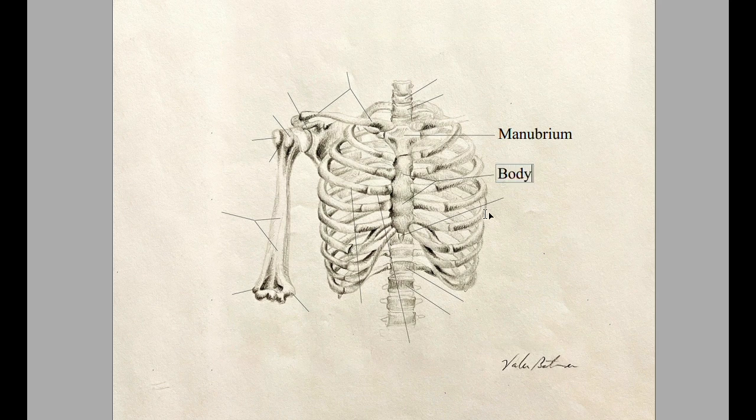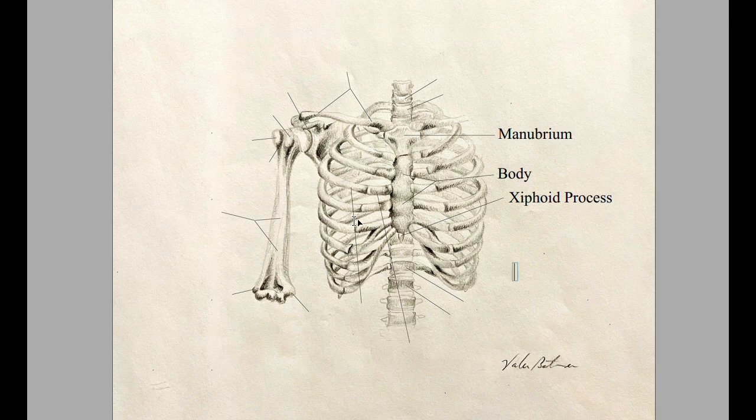And then the tip down here is known as the xiphoid process. Altogether, these three components make up the sternum. And as you can see, all of the ribs, except for ribs 11 and 12, are attaching onto the sternum.